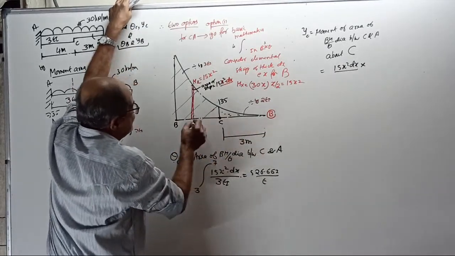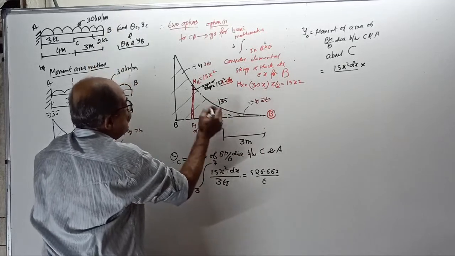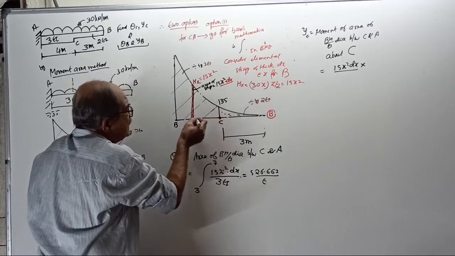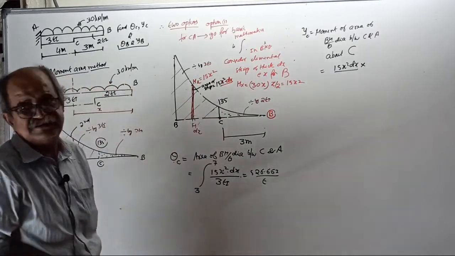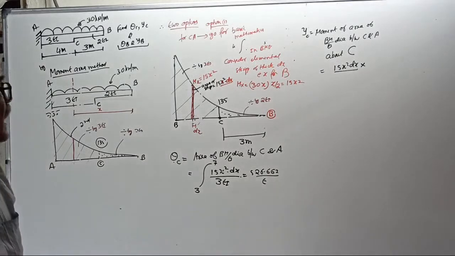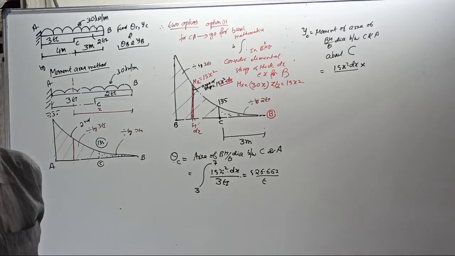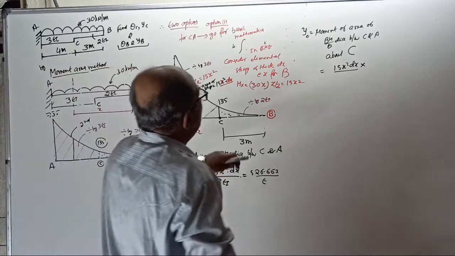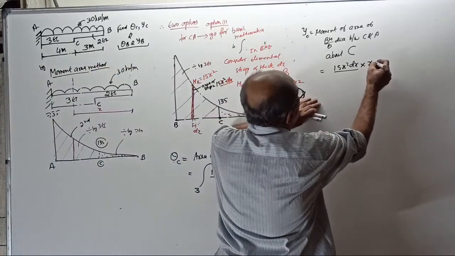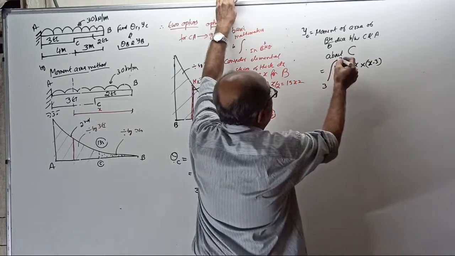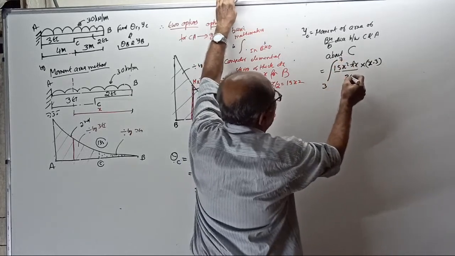This is x. Tell me, if I want the moment about C, this area of the strip into how much? Tell me, into this distance, how much is it? It is not x. X will come for B. So multiply by (x minus 3), then integrate from 3 to 7, and without forgetting, divided by 3EI.